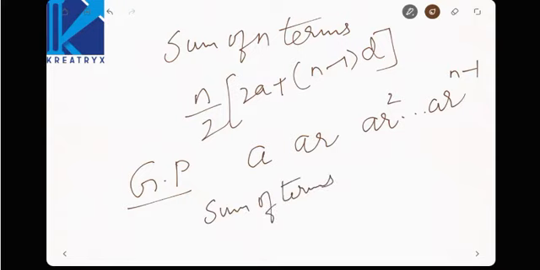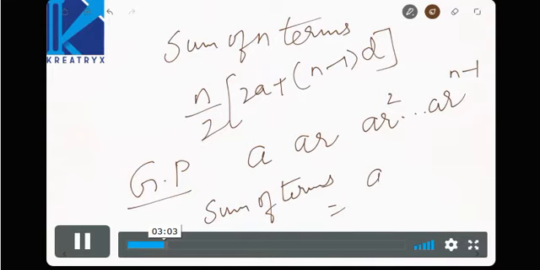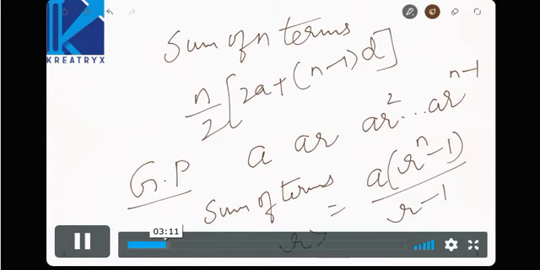This is the formula: a into (r to the power of n minus 1) divided by (r minus 1) when r is greater than 1. r is nothing but the common ratio and a is the first term of the series.